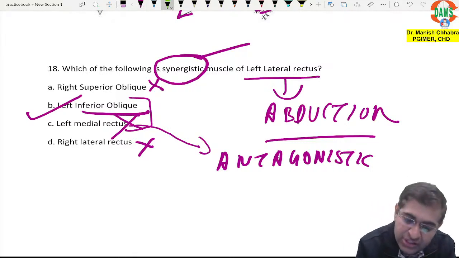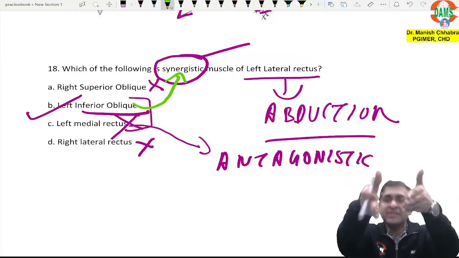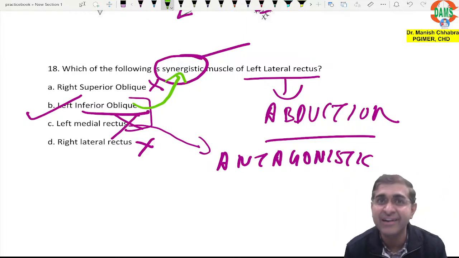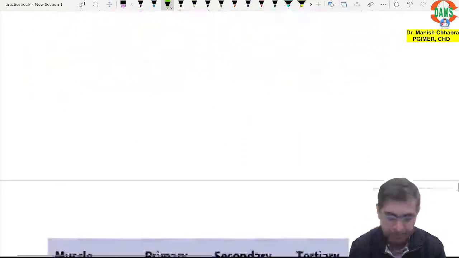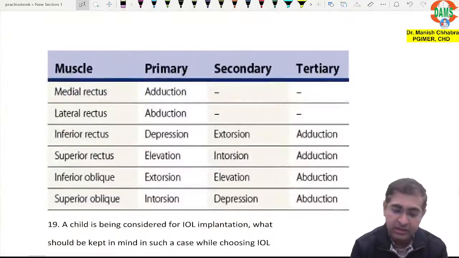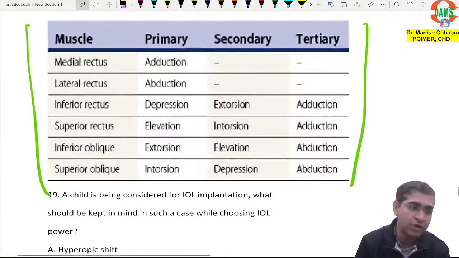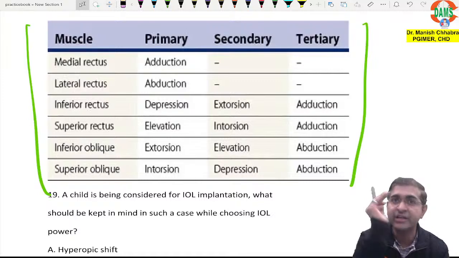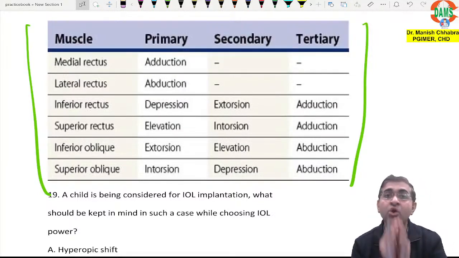So of course this is an action which is in synergism with that of left lateral rectus. So that is the answer here. I hope you have understood. Okay, now these are the actions of the muscles you should know. I have already told you the mnemonic. Obliques are abductors, recti are adductors, superior are intortors, inferior are extortors.